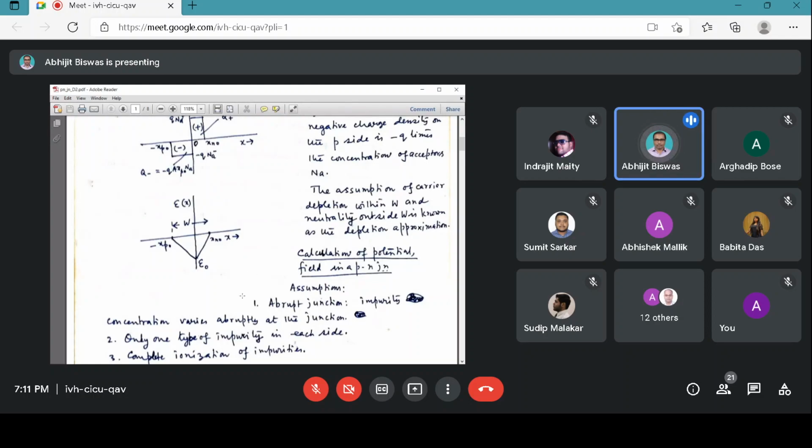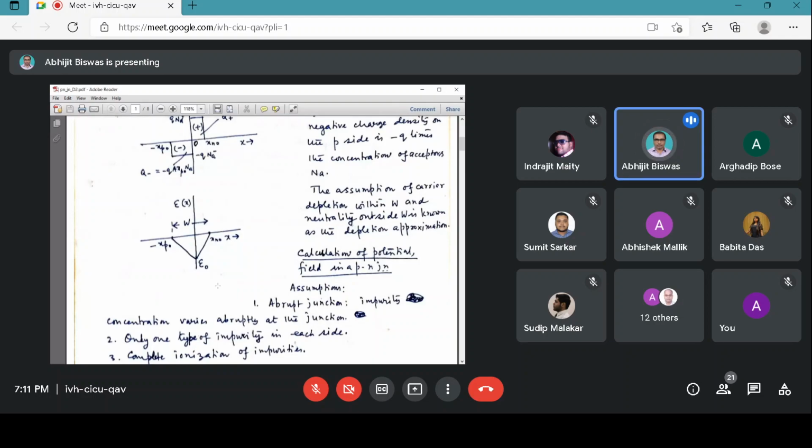So this variation in electric field with distance is linear in nature. It attains its maximum value at the metallurgical junction, and it drops down linearly as we go away from the depletion region, and reduces to zero at the edge of the depletion region.